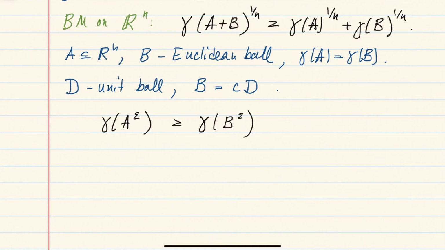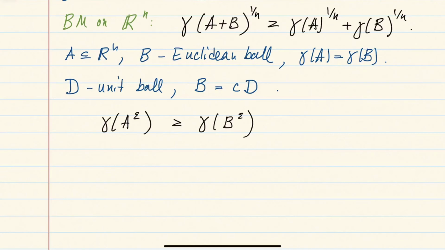In some sense, that's the definition of the surface: the derivative of how the volume increases will be the surface of your body. So the surface of A will be bigger than the surface of the ball.